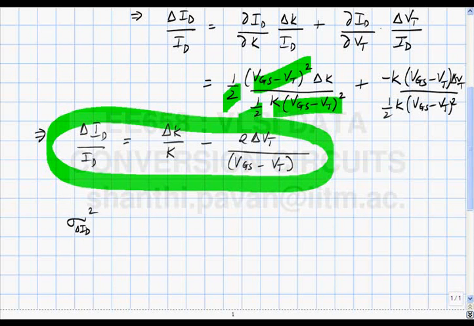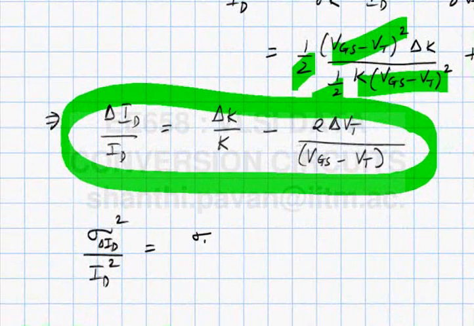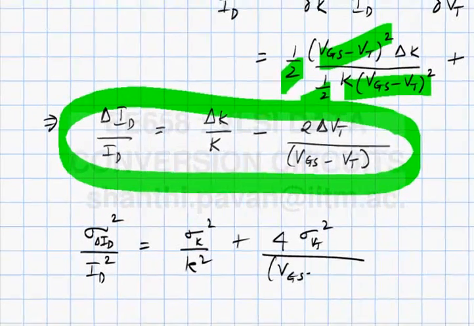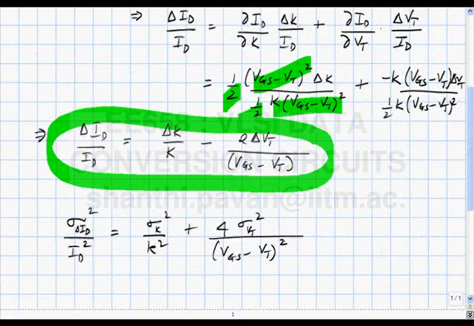Delta ID squared by ID squared must be equal to sigma K squared by K squared plus 4 sigma Vt squared by (VGS minus Vt) squared. And when does this equation make sense? Both are random and they are uncorrelated. Without any information, the easiest thing to do is of course assume that they are uncorrelated and the math becomes simple.